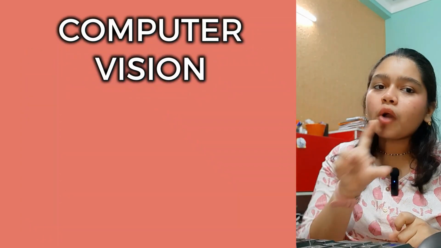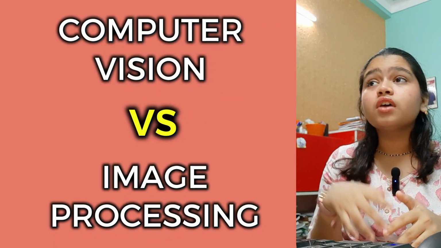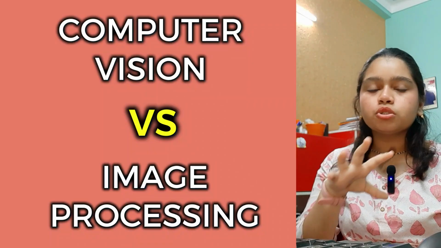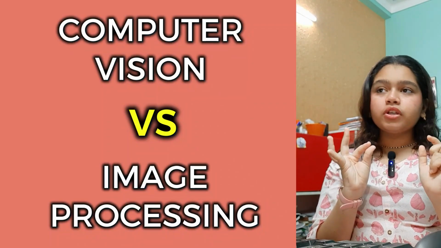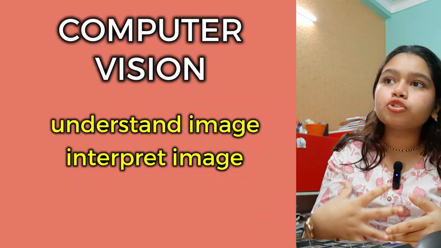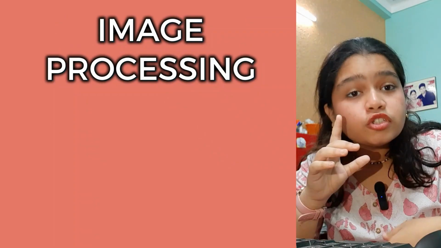Now there is a common confusion between computer vision and image processing, because both deal with visual data like images and videos. But what is the focus of computer vision? To understand the image, interpret the image, and extract features from it. And what is the focus of image processing?